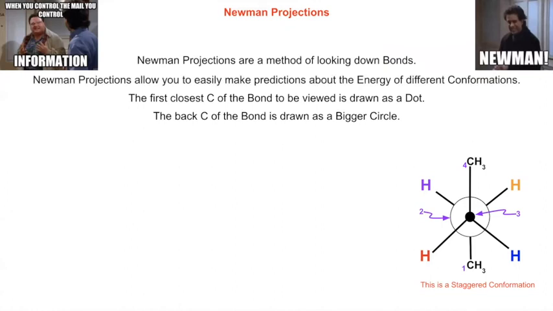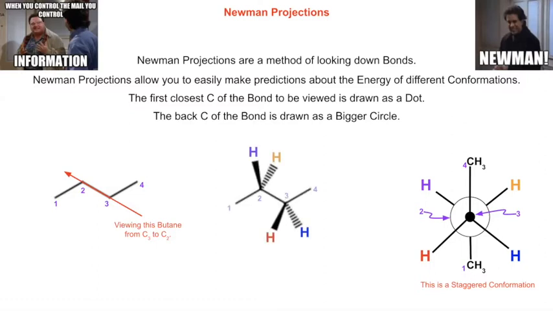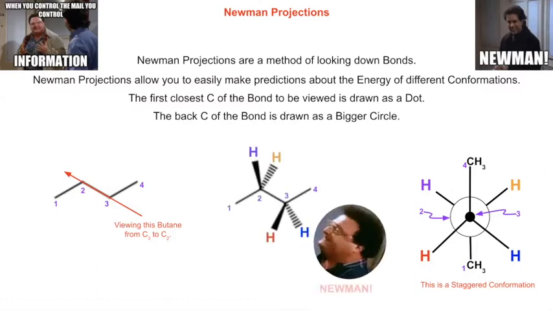Newman projections allow you to easily make predictions about the energy of different conformations. And then here it is, 2, 3, 4, viewing this butane from C3 to C2. Newman. All right, we're getting there.